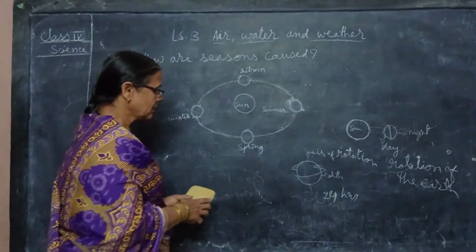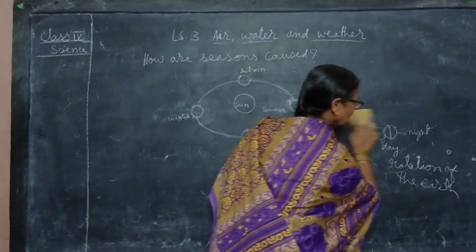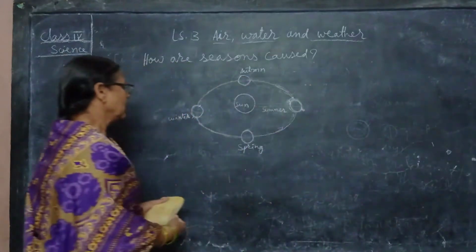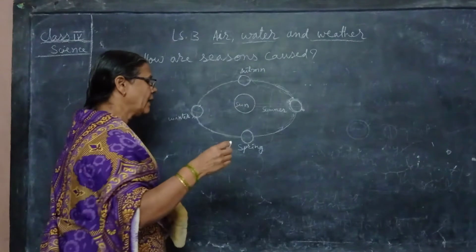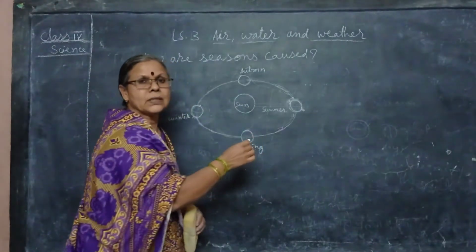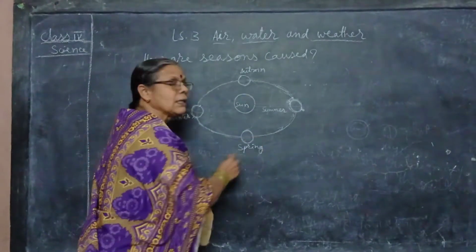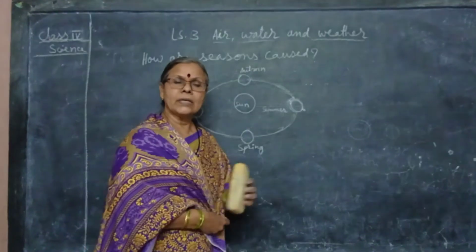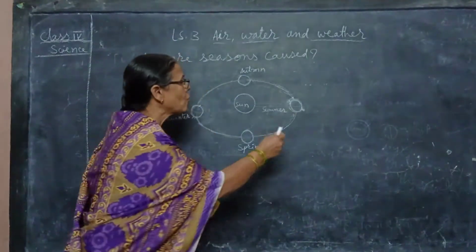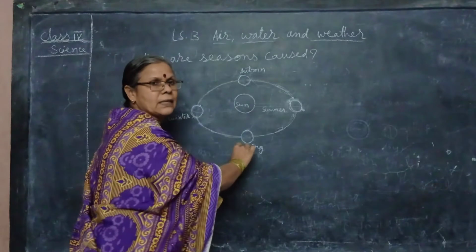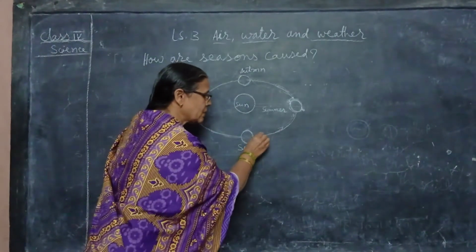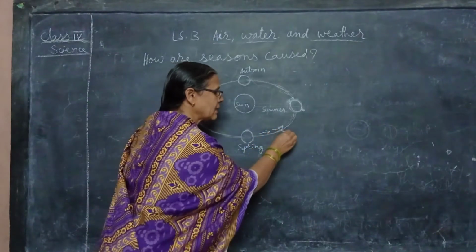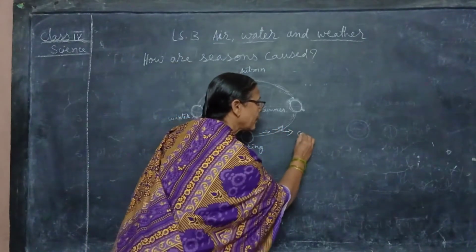Now how are seasons caused? Let us see. You can see how seasons are caused. See, this is the sun, and these are the movements of the earth. Earth is rotating around itself, and also it moves around the sun on a fixed path. So this fixed path is called orbit.